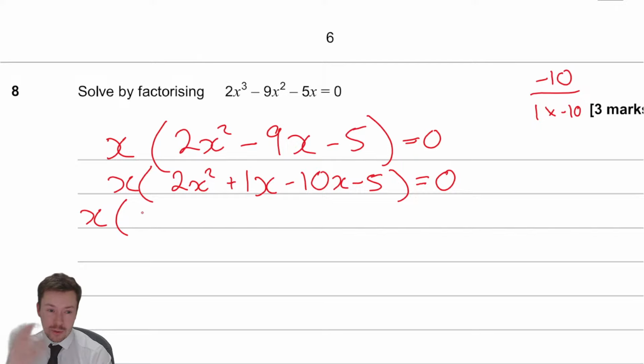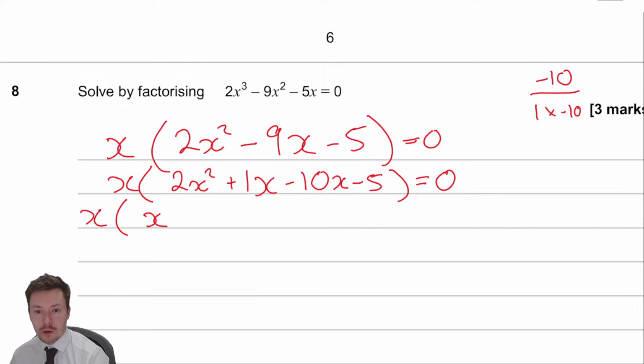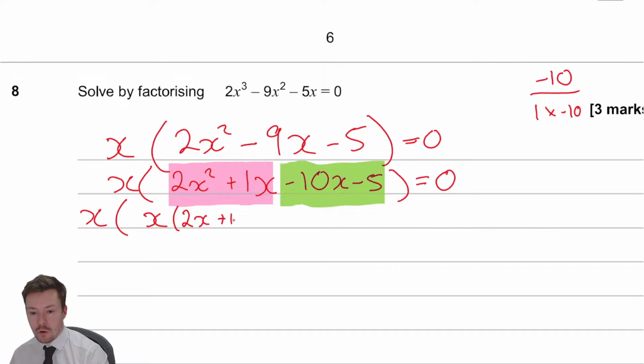I'm going to have 2 lots of brackets here, which is a little bit messy. So you might have wanted to do square brackets on the outside here, but it doesn't matter. Just got to be careful. So we'll take the x out of these first 2 terms. I'm trying to highlight them so you can see what I'm doing. We're factorising these 2 terms here. I'm going to use the other colour. Let's go green, and we'll factorise these 2 in a sec. So x, and then we got 2x plus 1.